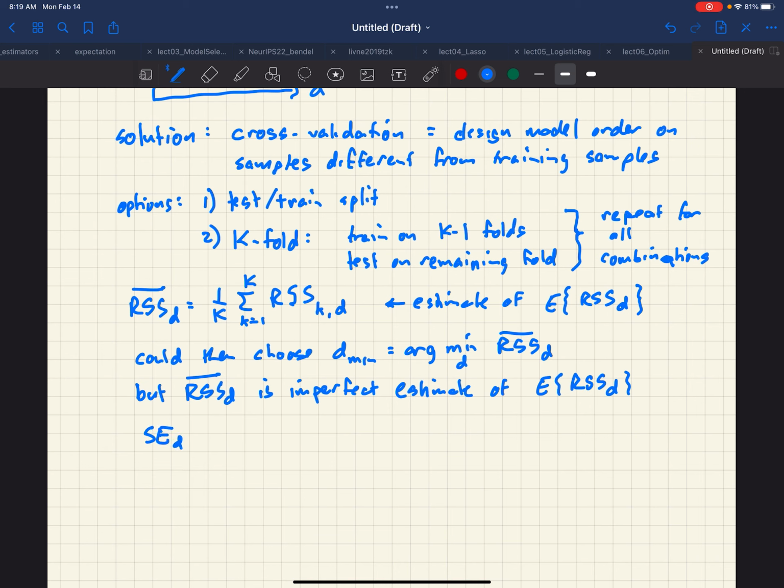And this is going to take in the test features, but it's also going to take in some parameters that we have designed from some training data. So, okay, in terms of random quantities, we're going to think of all these as random.